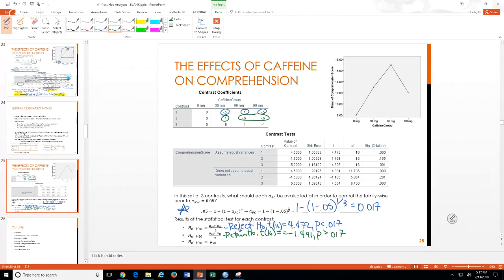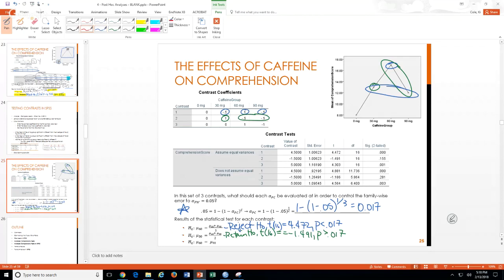And if we look at that, we're comparing this 30 group to the combination of the 60 and 90. Does it look like there's a big difference there? Not really. Whereas the previous one, we were comparing the 60 group to the 30 and 90, and we see some differences on the y-axis between those two groups.